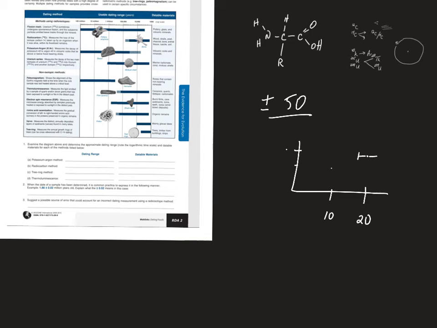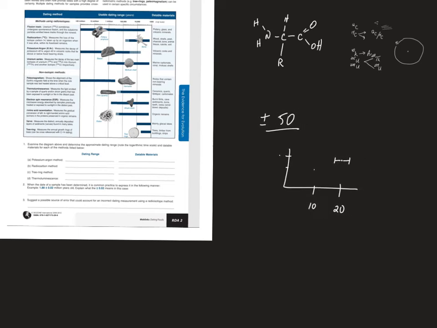It might come out to here. That's letting you know that this is the data point. We're pretty sure it's 10, but there's a plus or minus here. It could be as little as 15 or as much as 25, depending on the accuracy of that measurement, or the error we've calculated for this particular measurement.